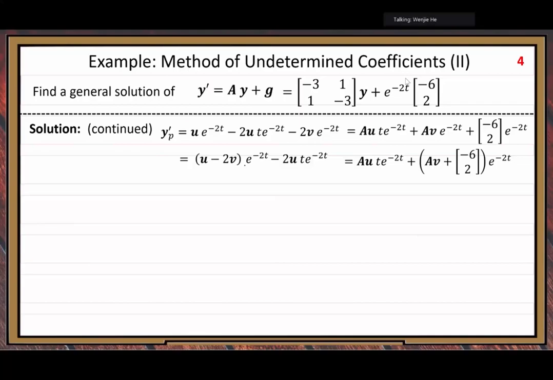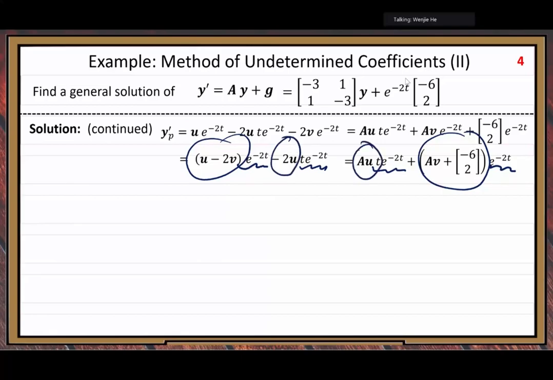E to the negative 2t function corresponds to this e to the negative 2t function. So their coefficient part should be the same. So then t times e to the negative 2t, same as t times e to the negative 2t. Then the corresponding coefficient vectors should be the same.